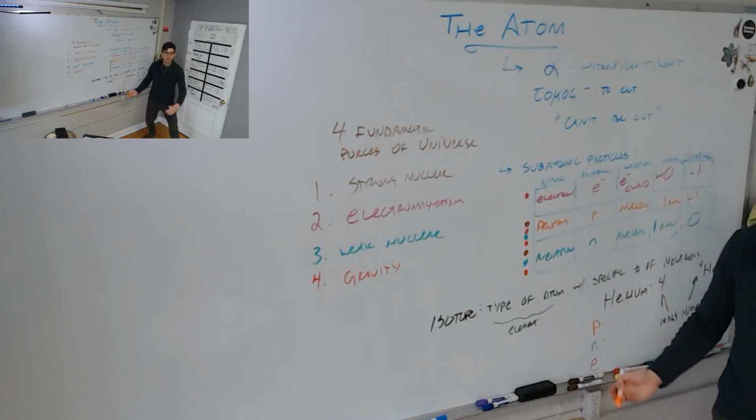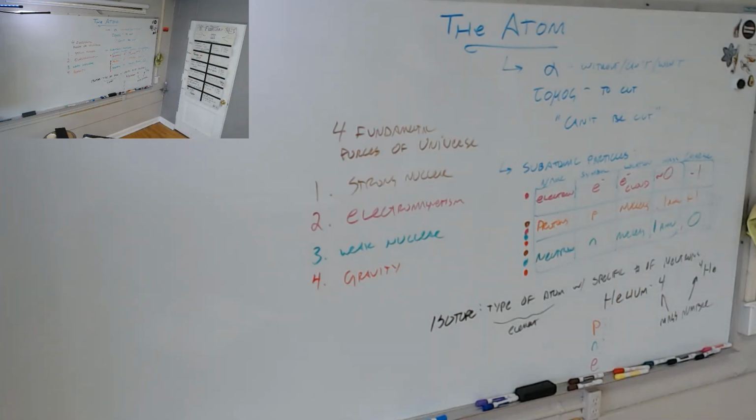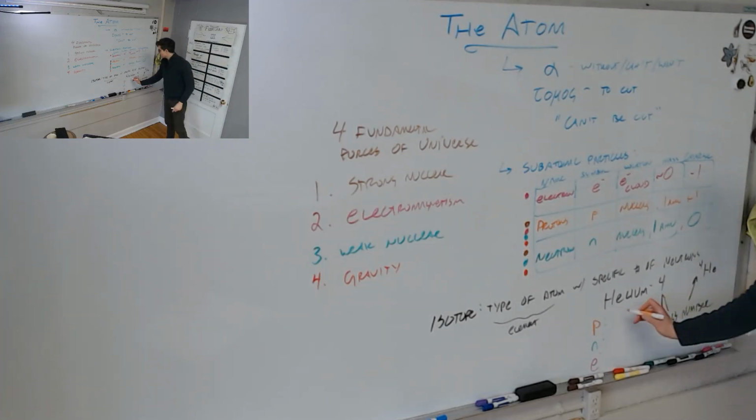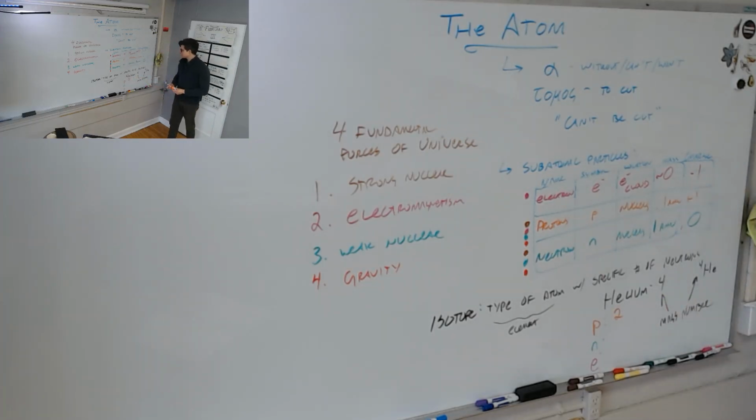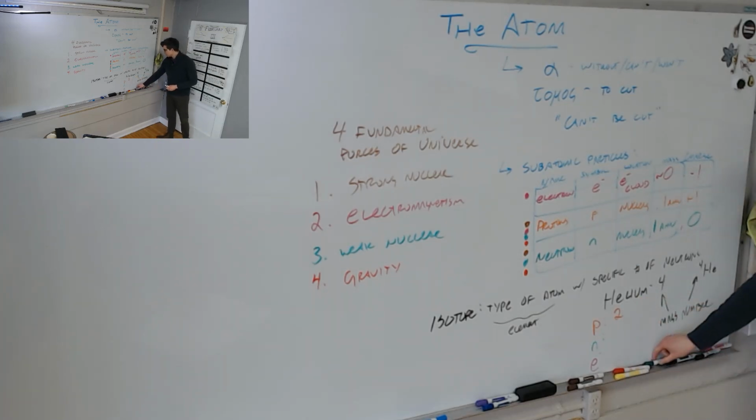How many protons does it have? Well, for that, we go to the periodic table. Helium has 2 protons. Every atom of helium in the universe has 2 protons. Every atom in the universe with 2 protons is helium. So how many protons must the helium have? 2. So we write down 2. How do we know it has 2? Because it's helium. How many neutrons does it have? Well, in this case, it has 2.